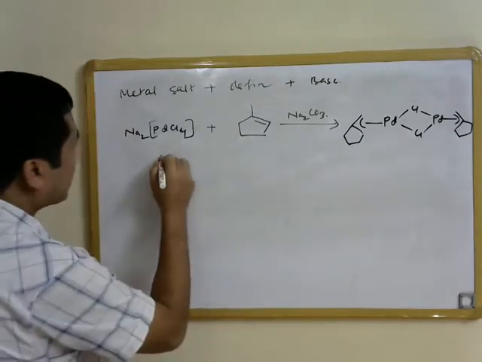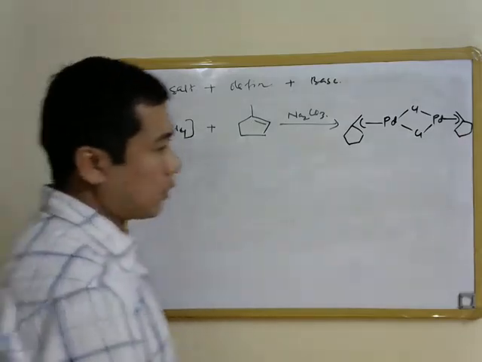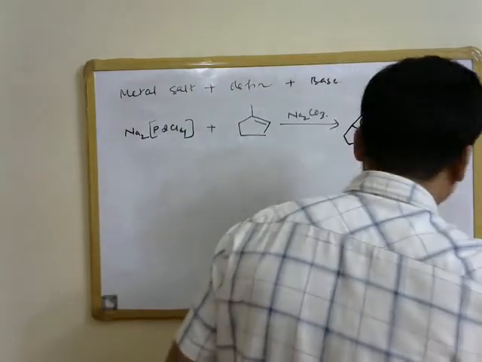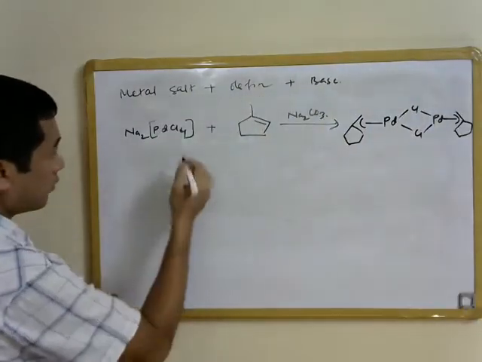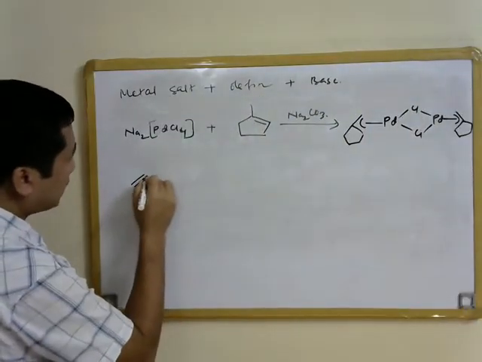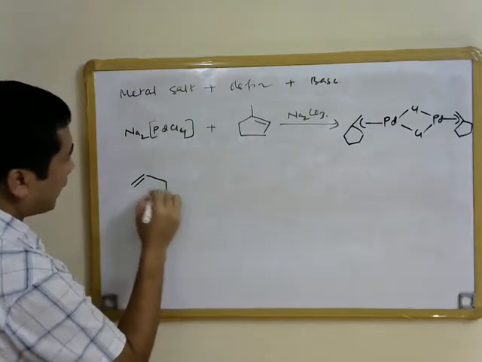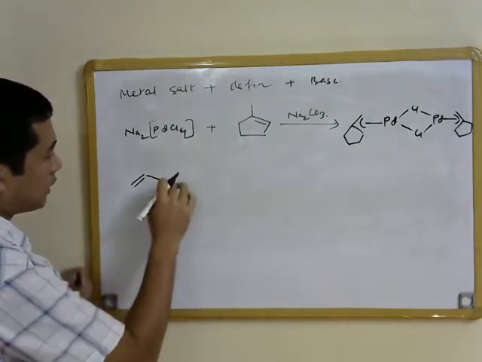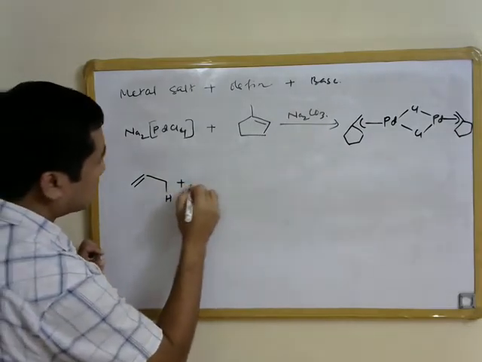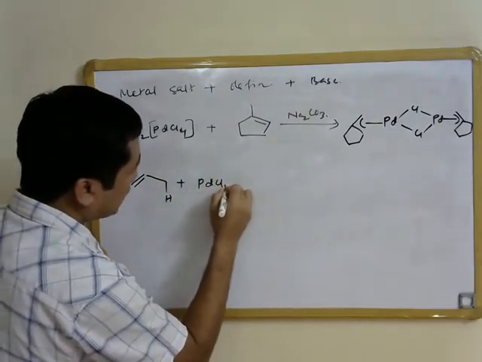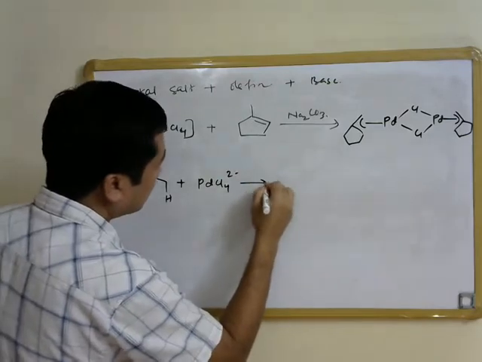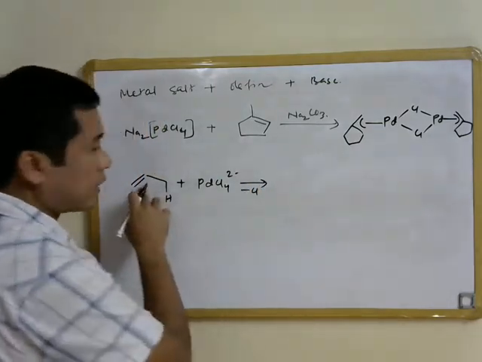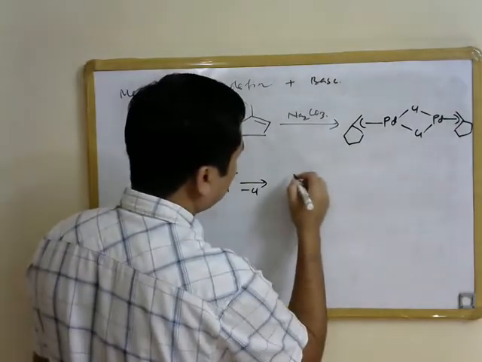So let us look at how the reaction proceeds by taking a simple allyl ligand. This is the olefin we see, and this is one of the hydrogen atoms attached to the terminal carbon atom. Once this reacts with PdCl4 2-, one of the Cl attached to the metal center will be replaced by the olefin ligand to form a metal olefin complex.